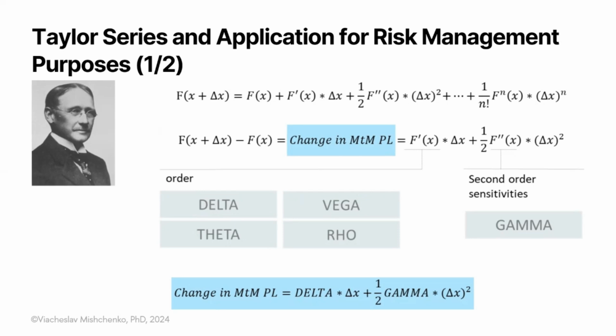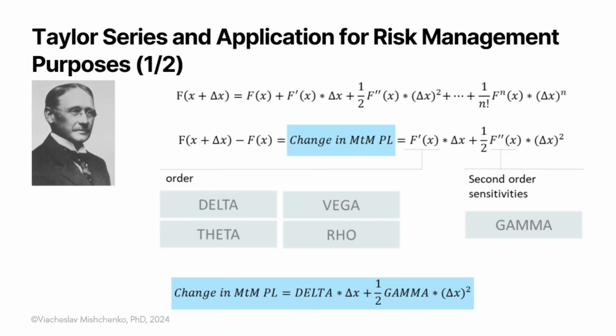The Taylor series is a way to approximate a function around a certain point in mathematics. In risk management, we use it to estimate how the value of our portfolio will change as market factors move, in a general sense, not only connected to the Greeks and options, but also for fixed income and even equities.